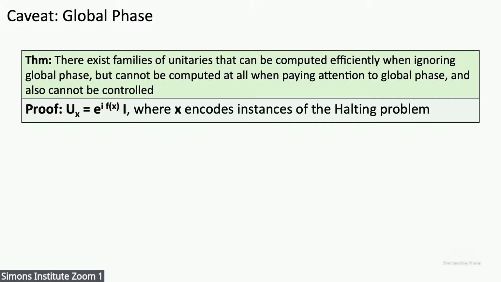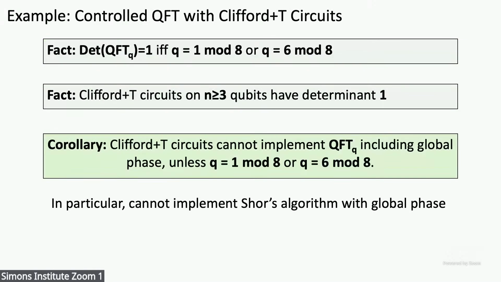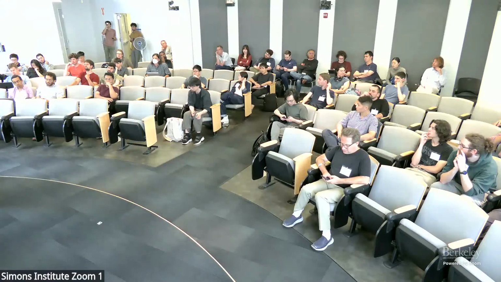Okay, and yes. But the same thing happens to the QFT if you add an ancilla, and also the determinant becomes 1 in more cases. It does, yeah. So you could still implement Shor if you have an extra ancilla. You might actually be right. Let me think.